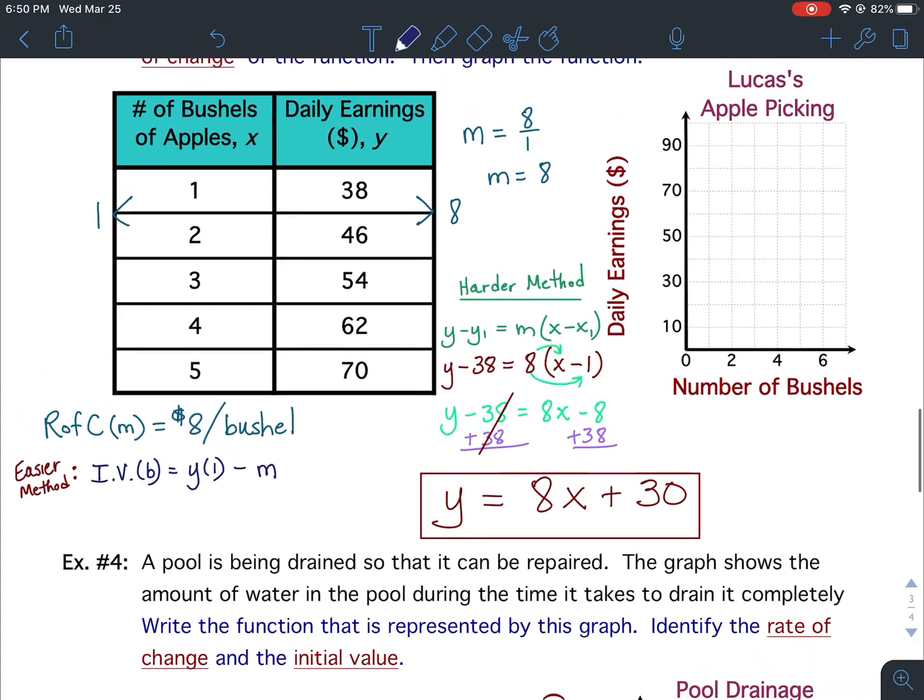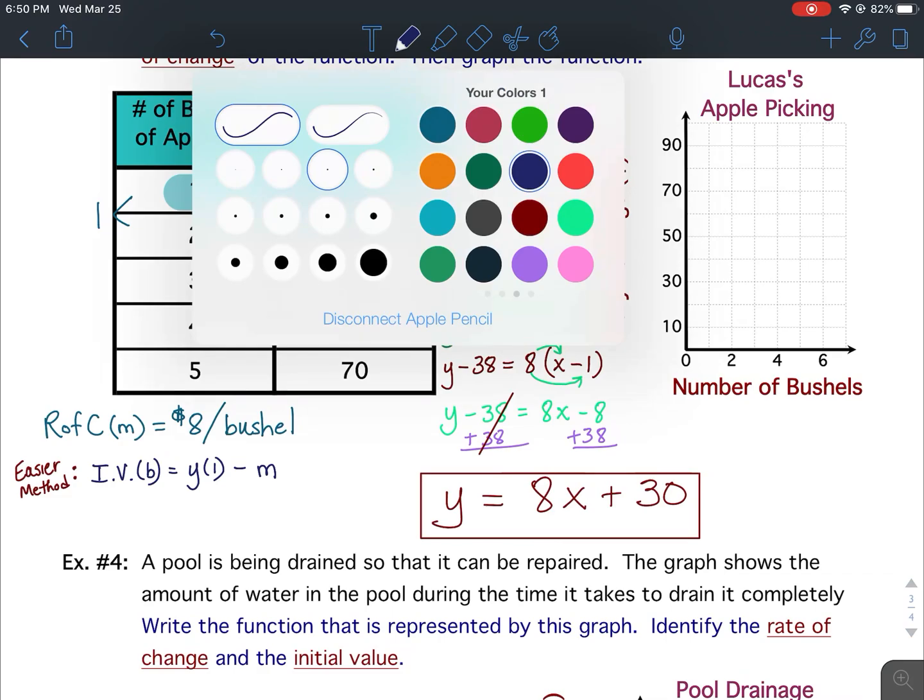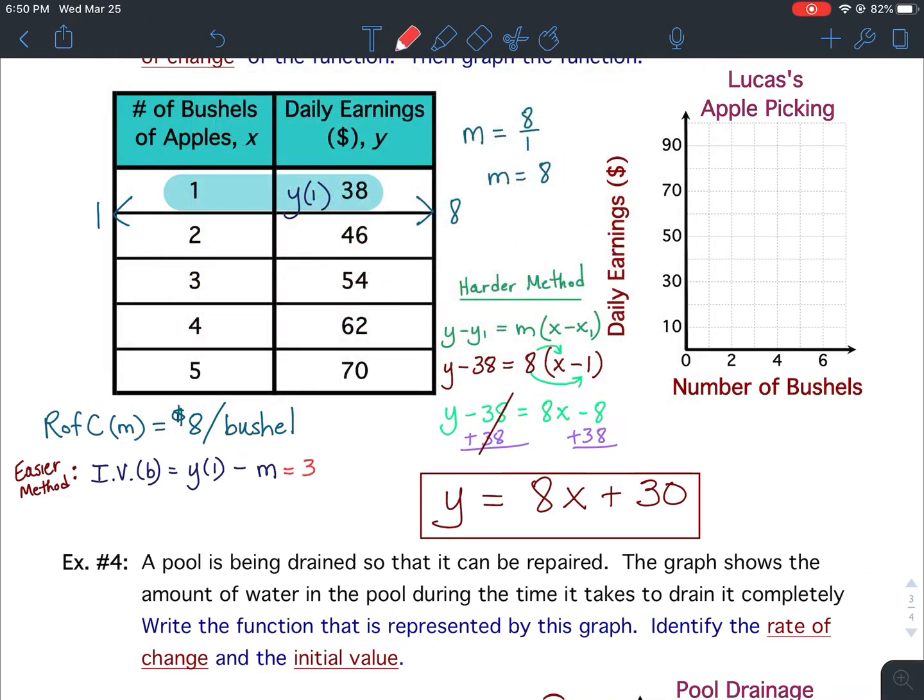Well, if I go up to my chart here, here's where x is 1, here's my y value. So I'm going to put that beside the 38. So if I take 38 minus my slope, I get that my initial value, 38 minus 8, is 30, which isn't that what we got over here?